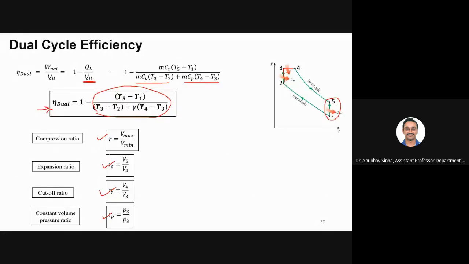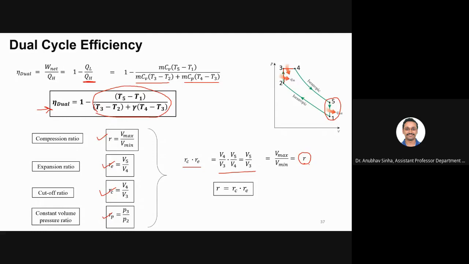But generally, the known quantities are the volume ratios. So that is what we are trying to simplify. So if I use all of this, I can say that RC into RE, using these definitions, is equal to the ratio of volumes, and these are basically maximum and minimum volumes. Let us say that this ratio is R.